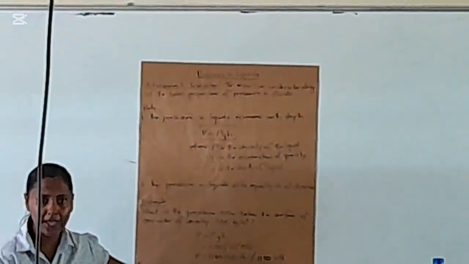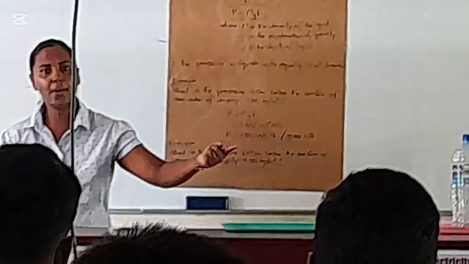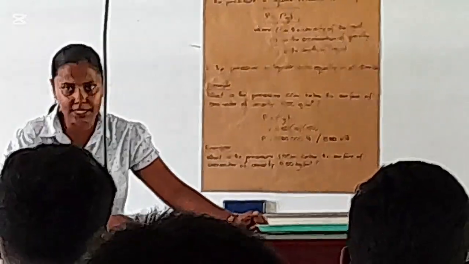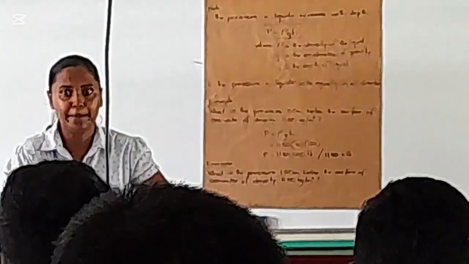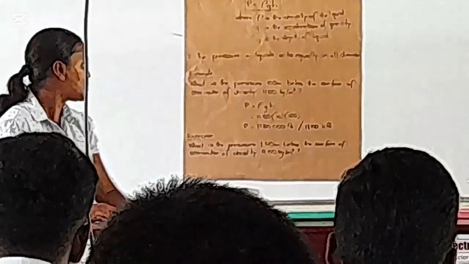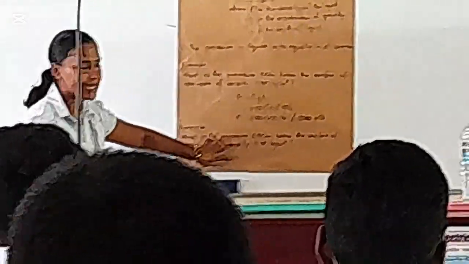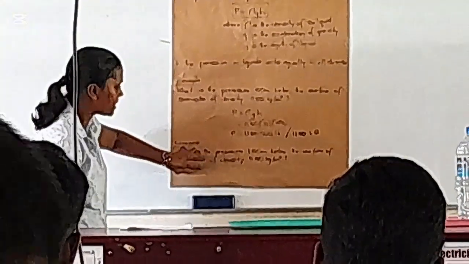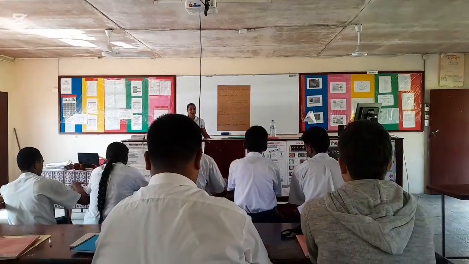Is it going to be more than this, or less? According to our experiment just now, as the depth increases, our pressure is going to increase as well, right? So let's do this activity. Everyone, please quickly write this down and do the activity so that we can compare the pressure.